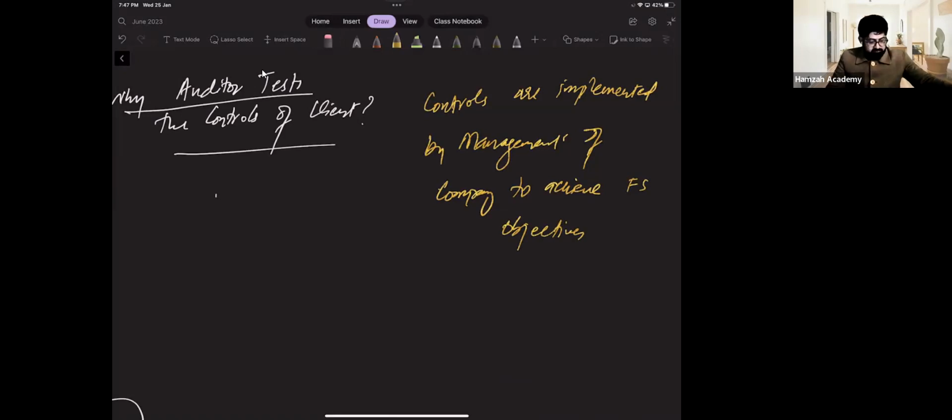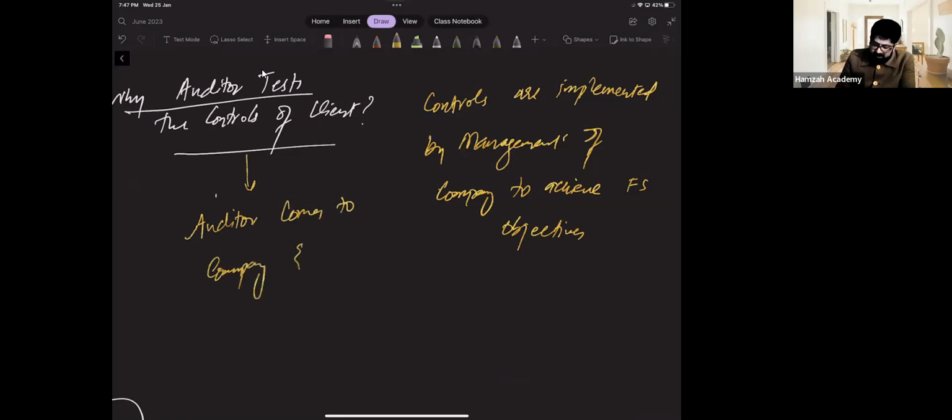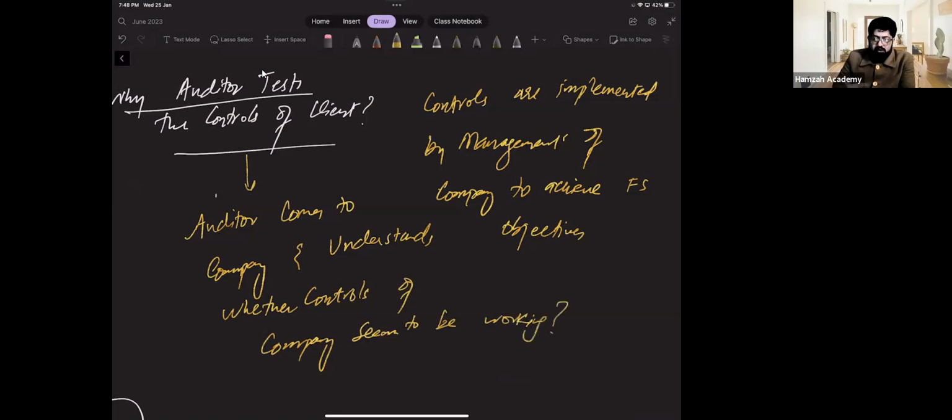So students, the point is the auditor comes to the company and understands whether controls of the company seem to be working or not.